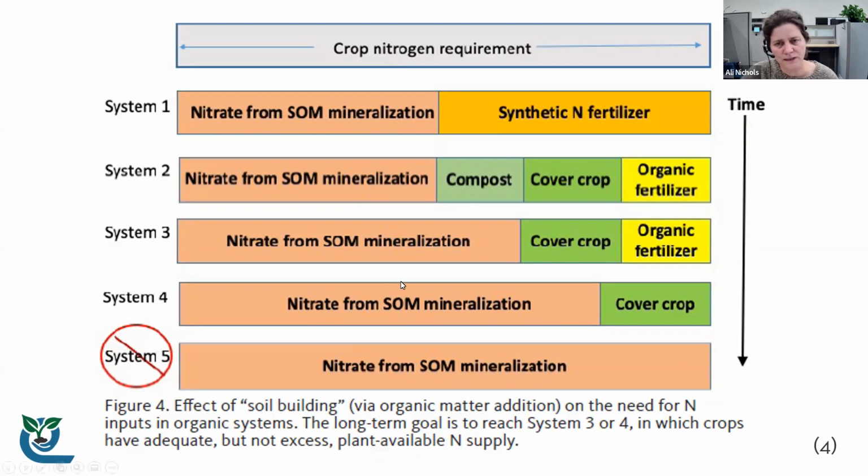So for those reasons, it's generally recommended to find a sweet spot within, say, system 3 or system 4, and to not push things so far that you're relying on all of your nutrients being supplied via soil organic mineralization. It's pretty hard to get there, so most of us aren't in too much danger of that, but especially in some of our really intensive small scale systems, it can be easier to get yourself into that 5th system, which isn't necessarily advised.